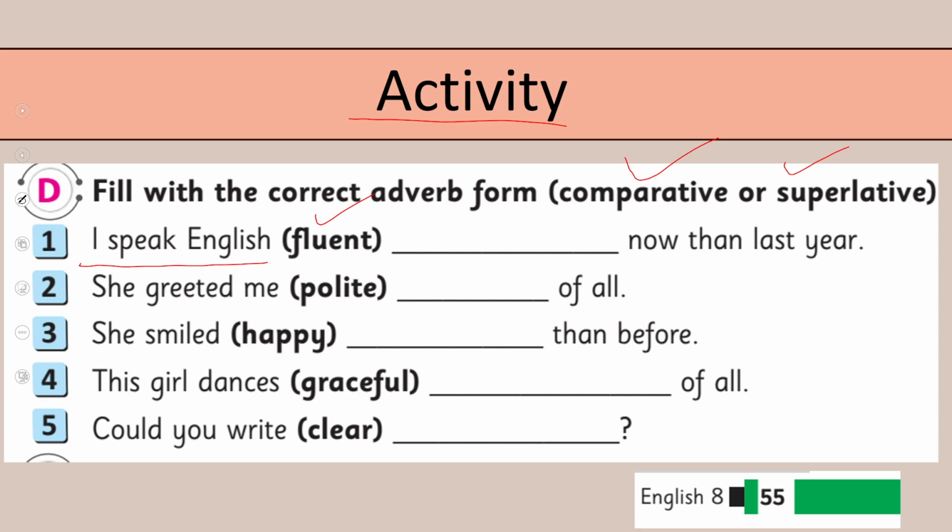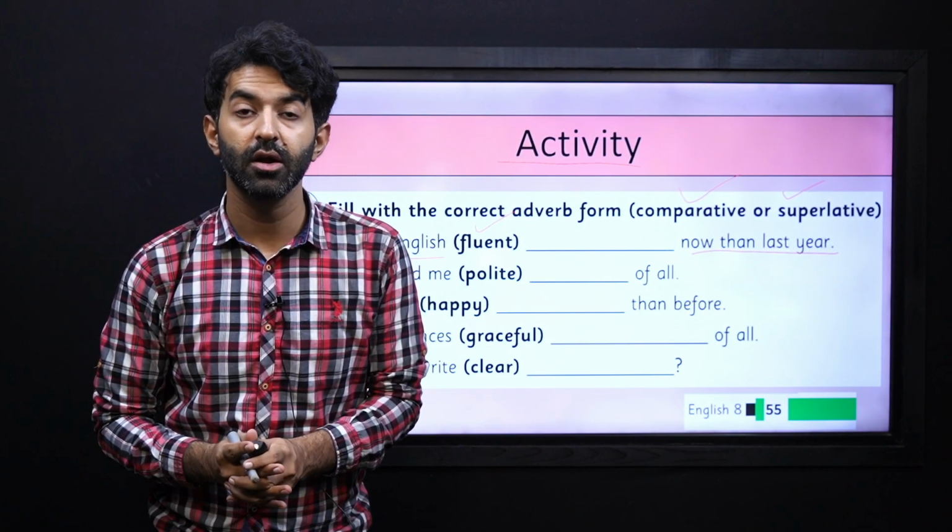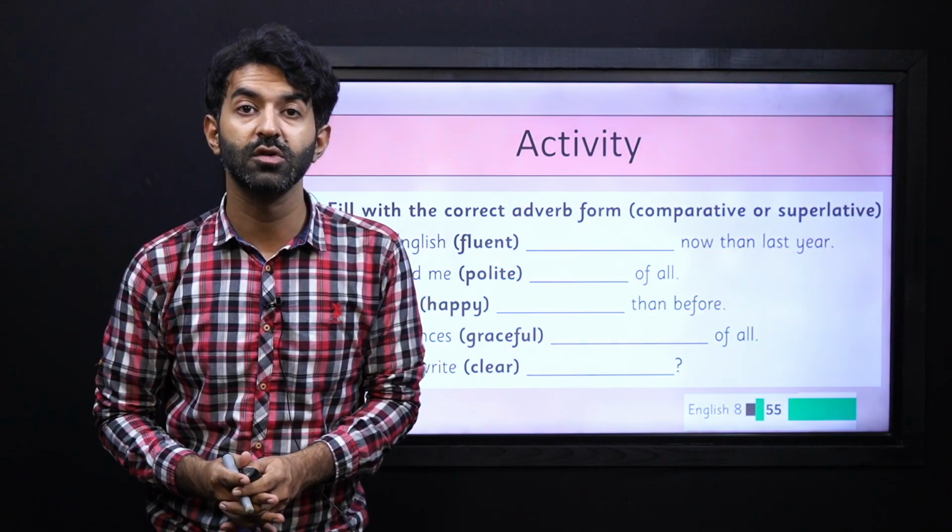What are we going to do? We add ly and make it fluently. But now we are comparing it with last year. So we will say, I speak English more fluently now than last year. Now, I hope that it is clear. You can solve the rest of the questions by yourself.